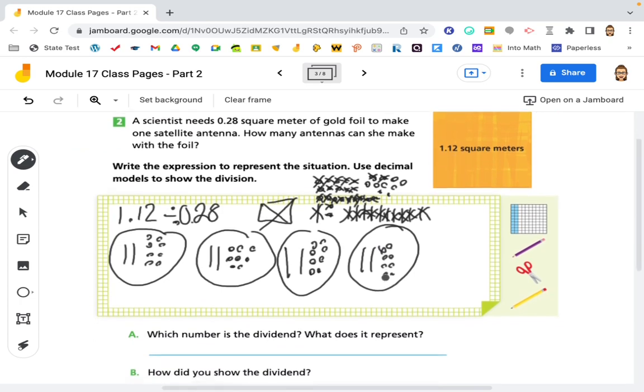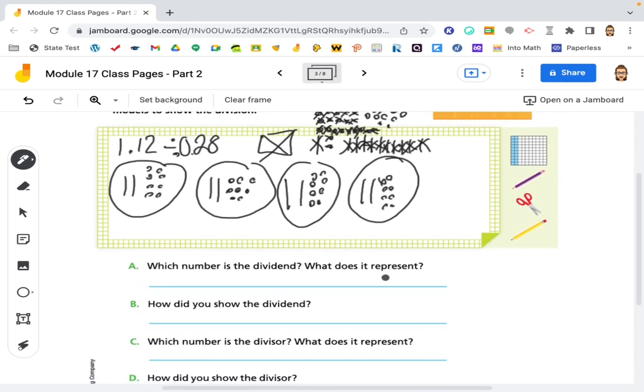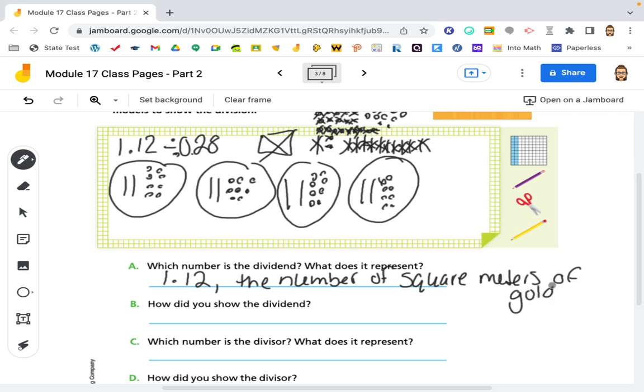So which number is the dividend and what does it represent? Now we're going to have 1 and 12/10 is the dividend, and it is the number of square meters of gold foil that the scientist has.